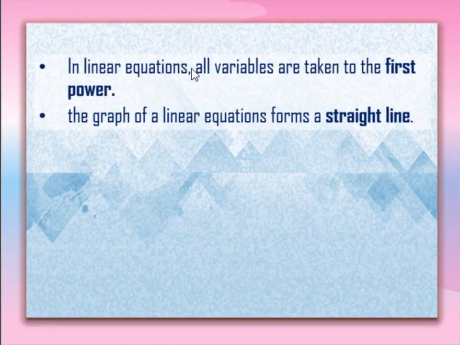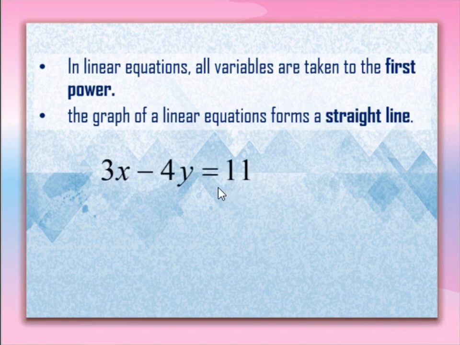We also need to remember that in linear equations, all variables are taken to the first power, and the graph of a linear equation forms a straight line. For instance, we have 3x minus 4y is equal to 11. Is this linear or not? We can say that this is linear because the variables are taken to the first power.